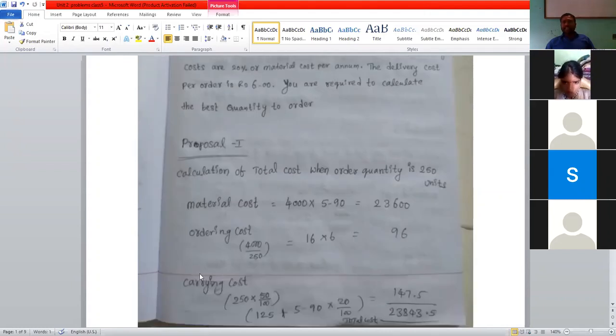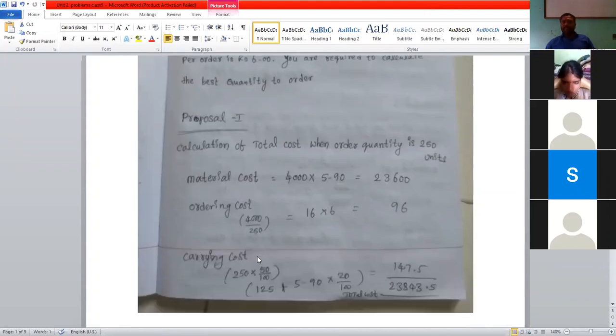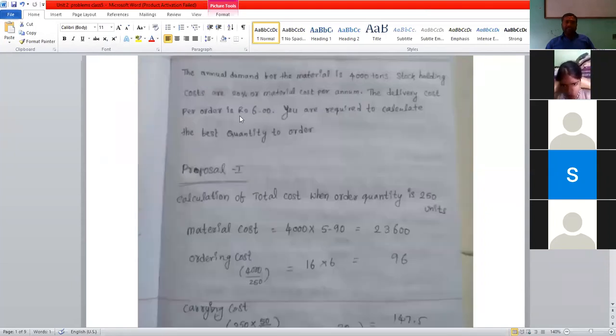Then the carrying cost, where we calculate on the average, 50%. The order quantity is 250, and 50% means 125. Plus the price of 5 rupees 90 paise at 20%.